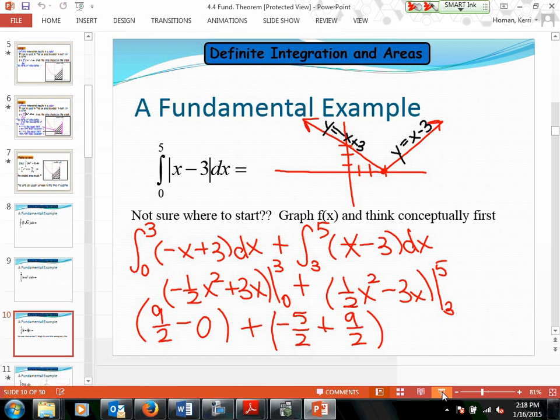Right? So what do we get? 13 halves. Right? 9 minus 5 is 4 plus 9. Check with your calculator. 7.5.